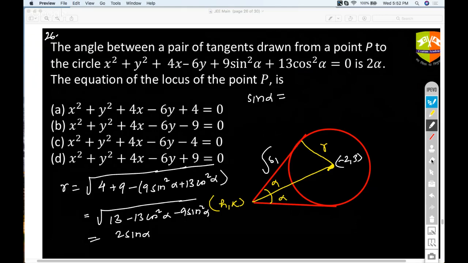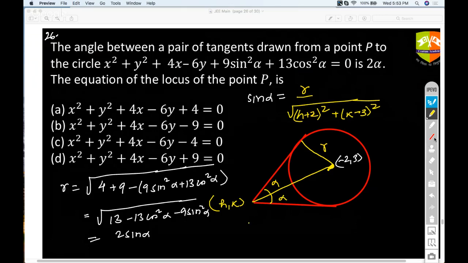You don't have to go into root of s1. You can take sine of alpha as r divided by the distance of h comma k from minus 2 comma 3. You can write it as h plus 2 the whole square plus k minus 3 the whole square, under root. Right? So let's substitute. So your r is equal to 2 sine of alpha.